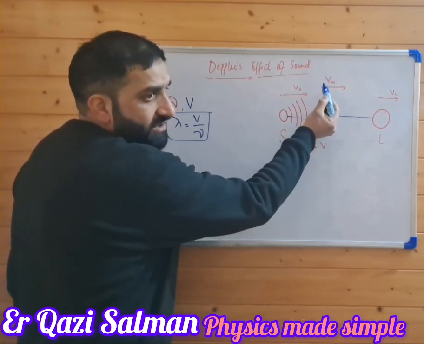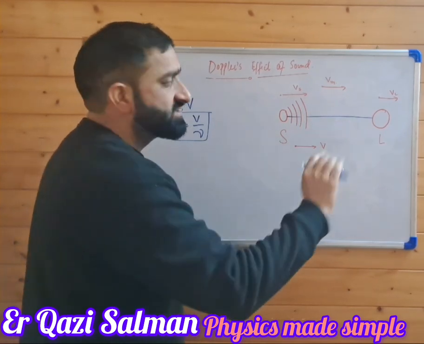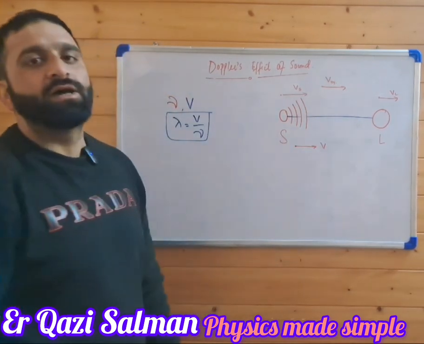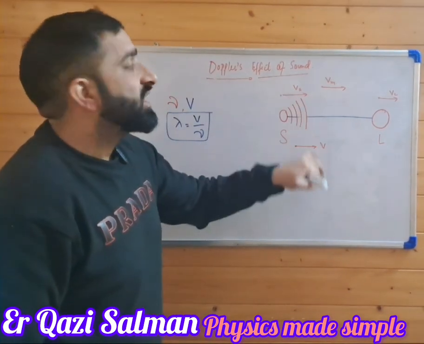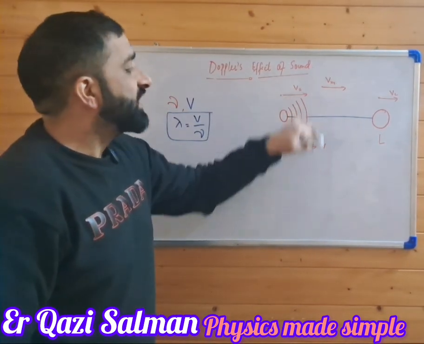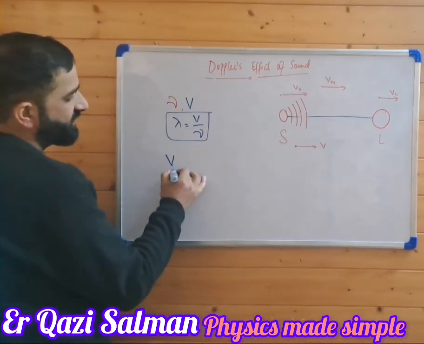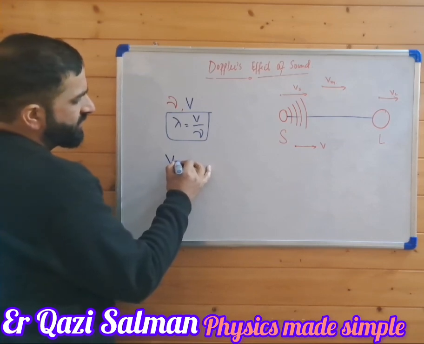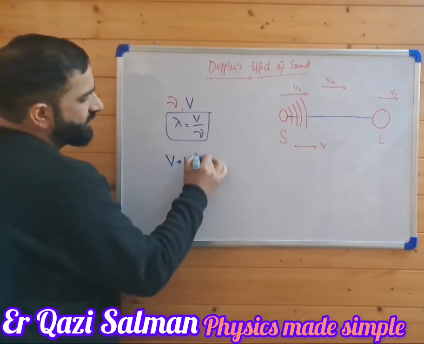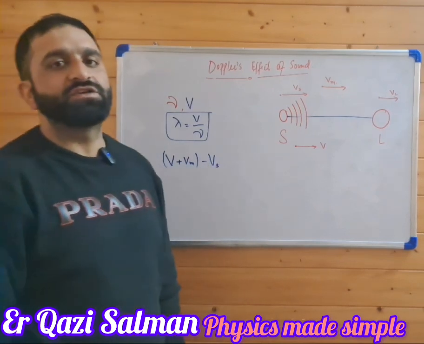Now, if the sound produced by the source has a velocity v and the medium has a velocity of vm, the velocity of the sound with which it travels is equal to v plus vm. Now, as the source is also moving, the relative velocity of sound with respect to the source will be equal to v plus vm minus vs, as these are moving in the same direction.